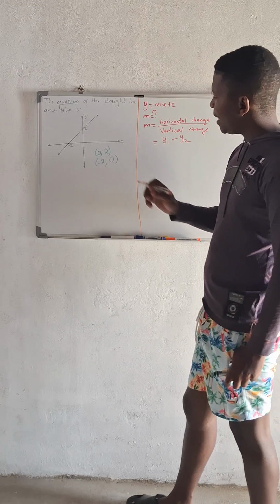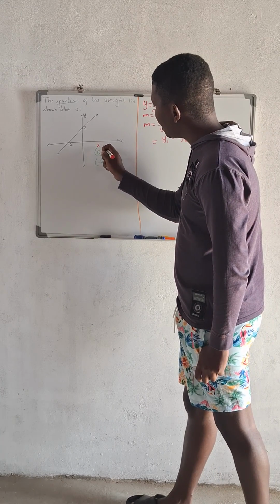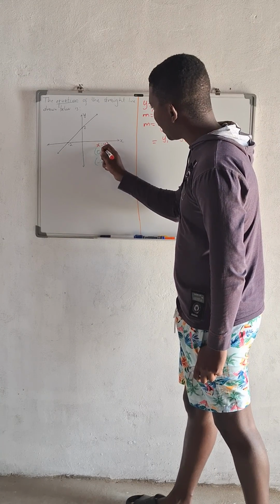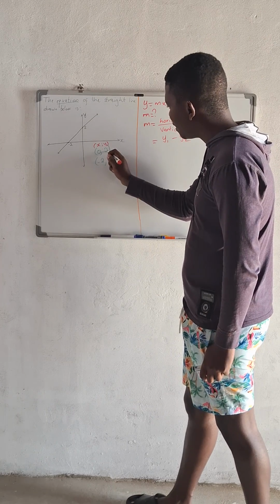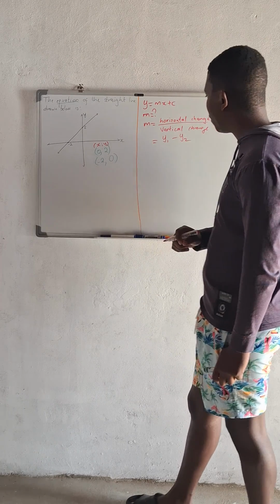And I have indicated again that we write our coordinates in terms of x and y. So this is a value of x, this is a value of y. This is a value of x, this is a value of y.